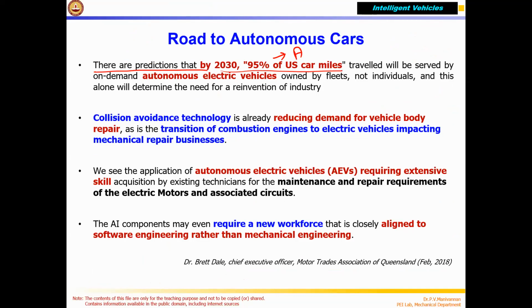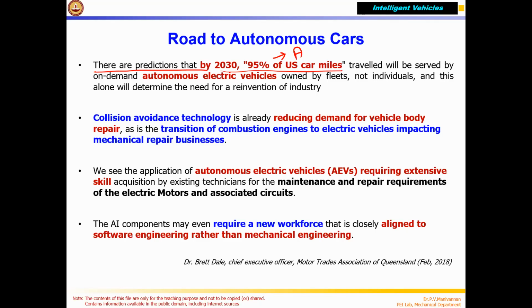What does car miles mean? Not the number of vehicles. So for example, in the US, you have 1 crore cars, correct? Owned by, I'm just giving an example, correct? Each car may be going, say for example, I take a small number, say 1,000 kilometers per year. 1,000 is very small, correct? So you know that 1,000 crore miles will be traveled by crore vehicles.